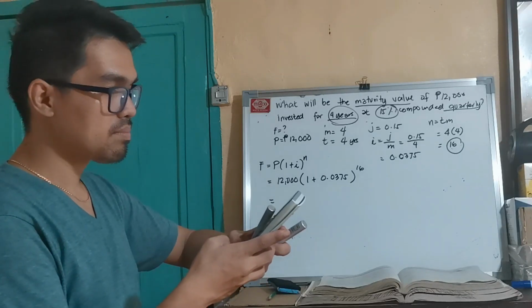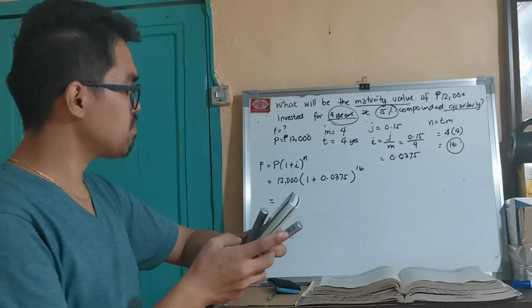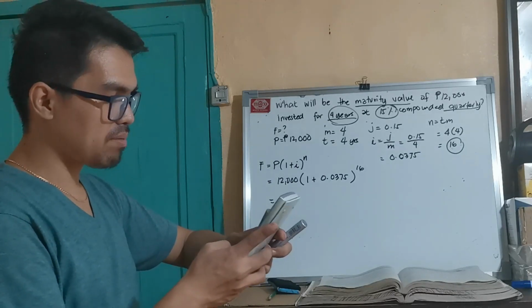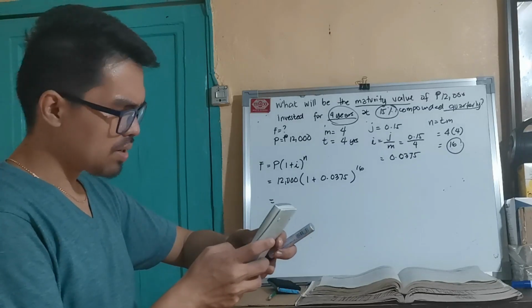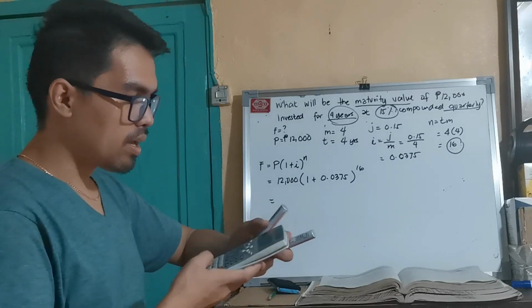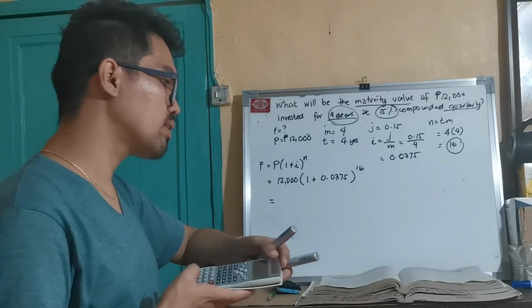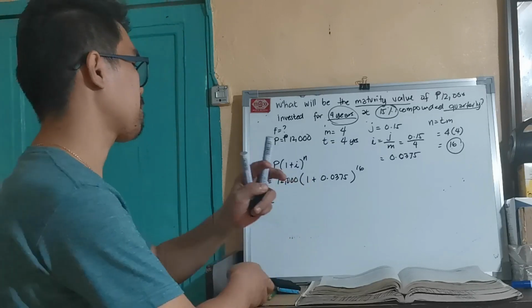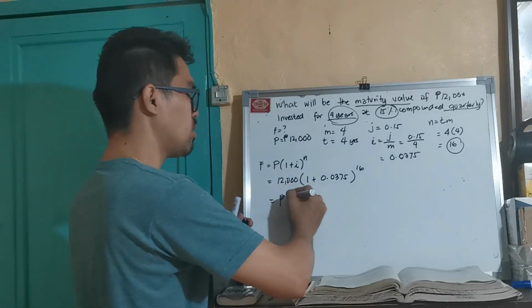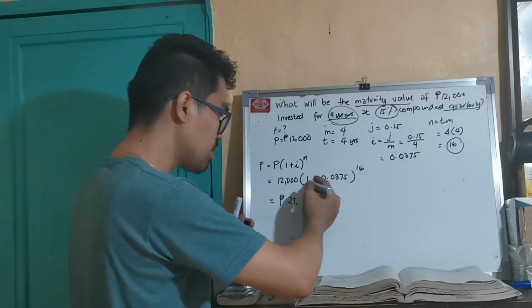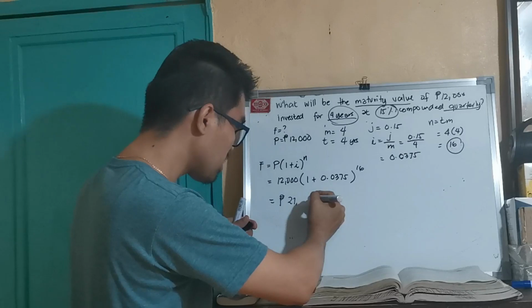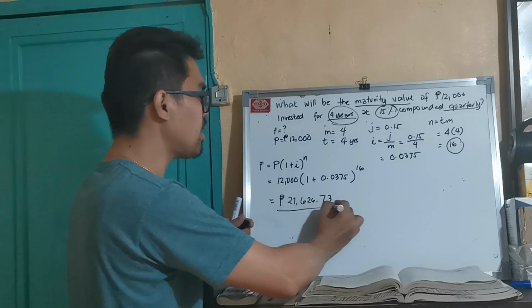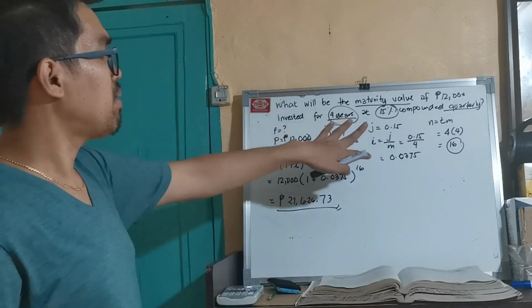12,000 times 1 plus 0.0375 raised to 16. That's equivalent to 21,626.73. Now, this is our maturity value.